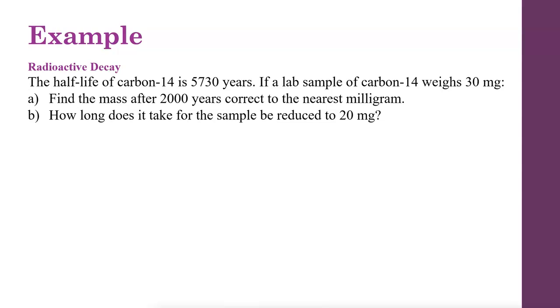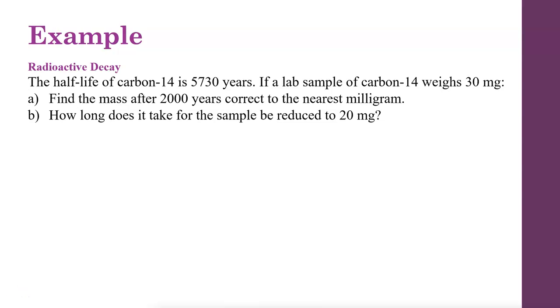So in this case, we start with a sample of 30 milligrams of carbon-14, and we're asked to first figure out how much of that 30 milligrams is going to be left after 2,000 years, and then how long does it take for that whole sample to be reduced to 20 milligrams.